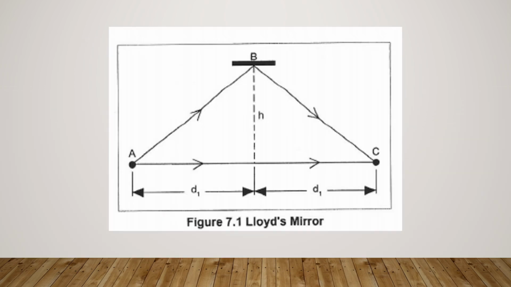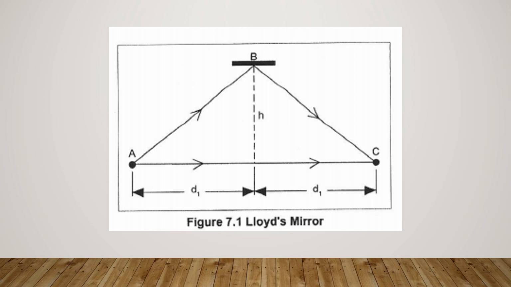So that is the diagram for Lloyd's mirror. An electromagnetic wave from point source A is detected at point C. The wave propagates directly between point A and C, but the wave also propagates at point B, and reaches point C. A maximum signal will be detected when the two waves reach the detector in phase.